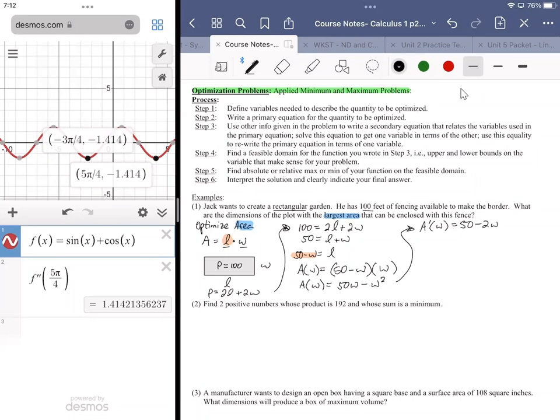All right. So the question becomes, it's a natural question. Well, I want to take the derivative, but why would I want to take the derivative? Well, I want to optimize. So if I'm optimizing, I'm looking for a relative max, a relative min, or an absolute max or an absolute min.